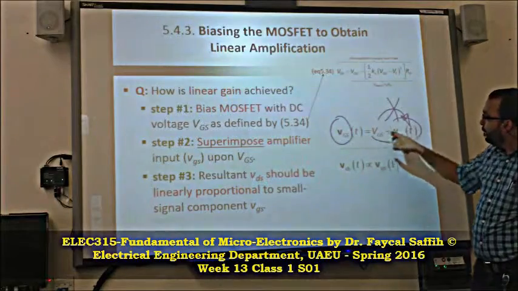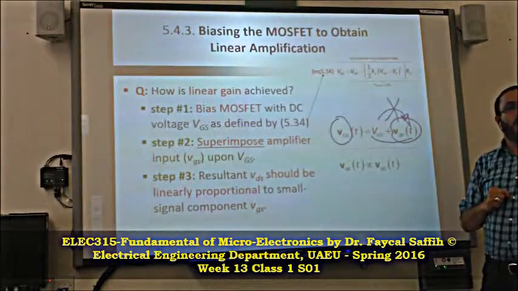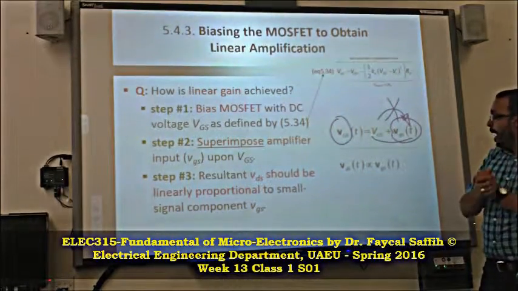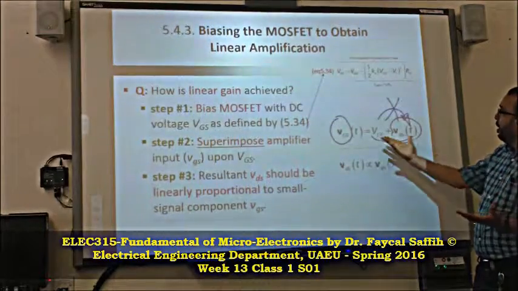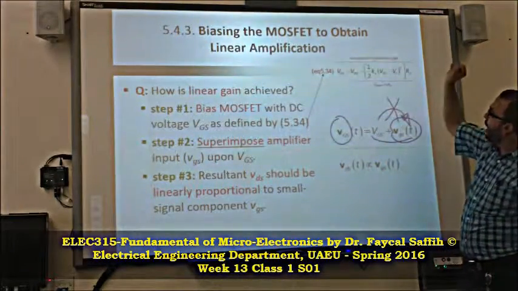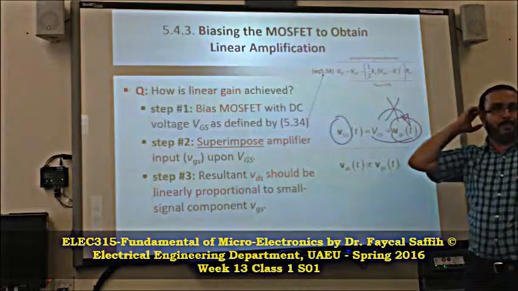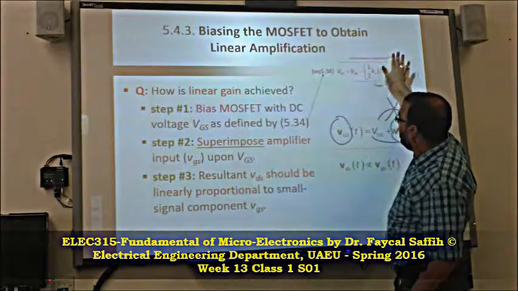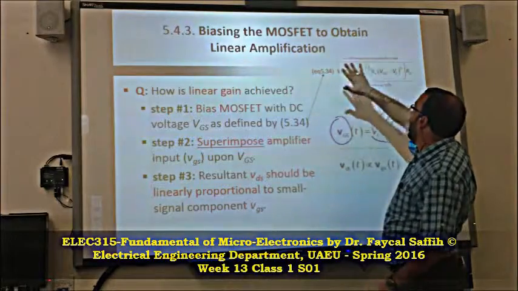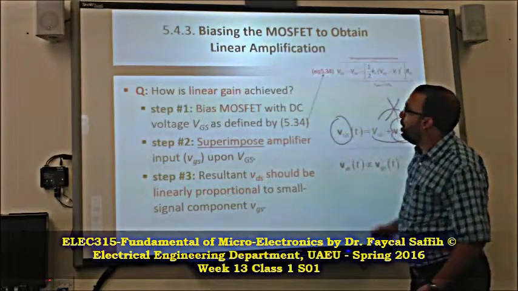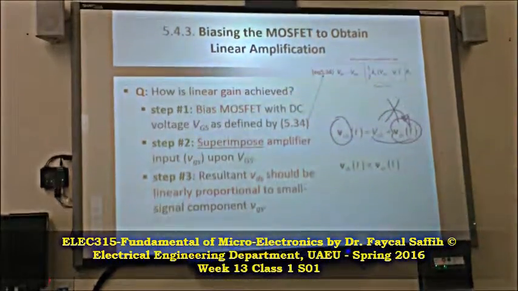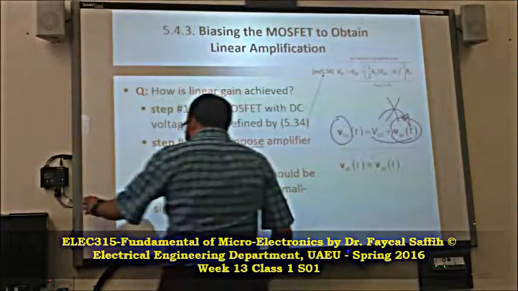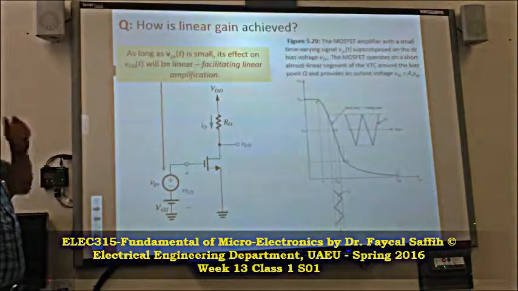What is time dependent is my AC, by definition. I bring this guy and put it there. Although the symbol here says it's a DC, it is applied on the DC and on the instantaneous. So I put it there and try to make calculations the same way we did last time.